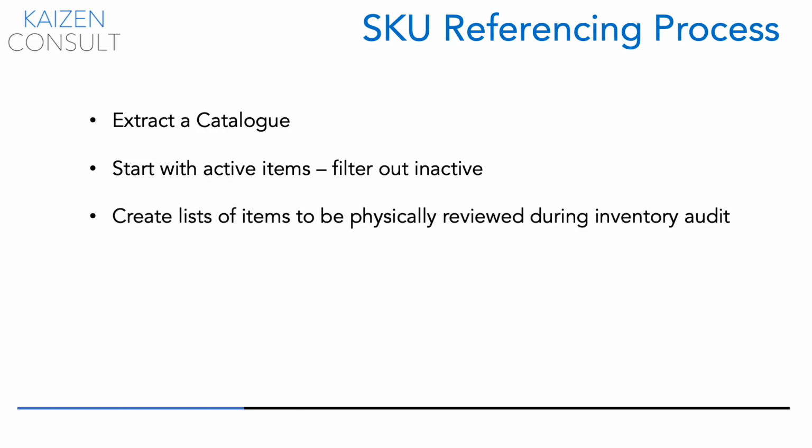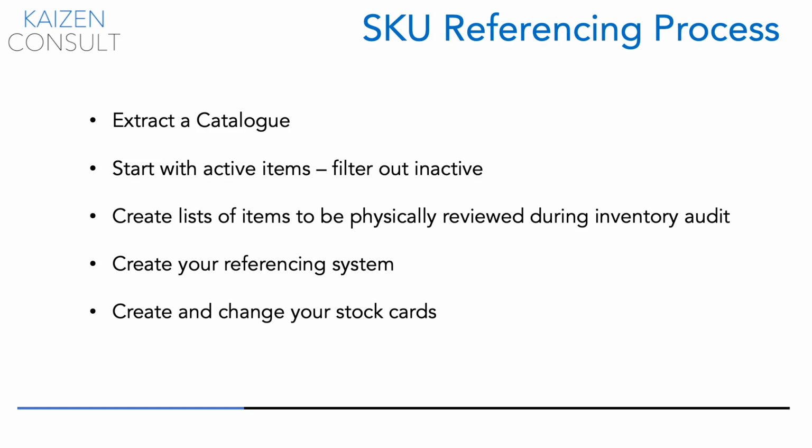Create lists of items to be physically reviewed during inventory audit. Create your referencing system as explained and assign references to each item. Create new stock cards and change your old ones. And finally, create a process to factor for non-referenced items coming into your stock.